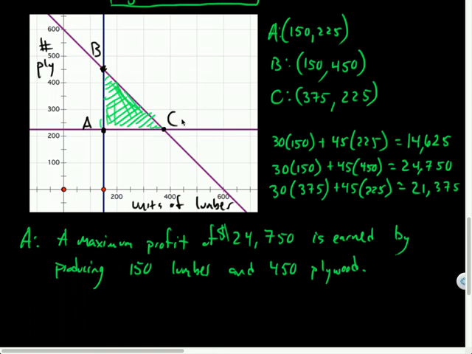Maybe it is physically impossible to make infinite lumber and plywood. And that's probably where they found out this constraint, that they could only produce a maximum of 600 a day. And that's where that diagonal line came from. So sometimes for an unbounded answer, you end up realizing maybe there's some limits that you haven't yet measured.